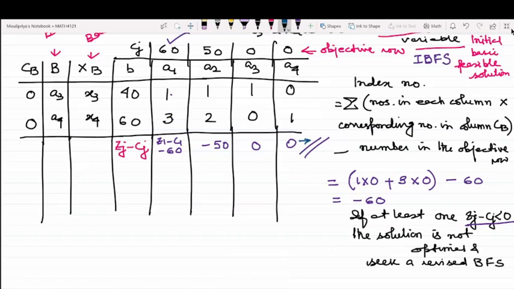Minus 60. Minus 60 is corresponding to which vector? Which column? A1. So A1 will be the entering vector. That implies A1 would be replacing either A3 or A4 from the basis and will be the revised vector.